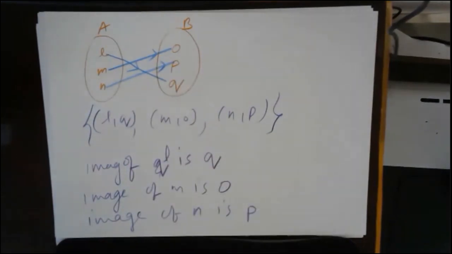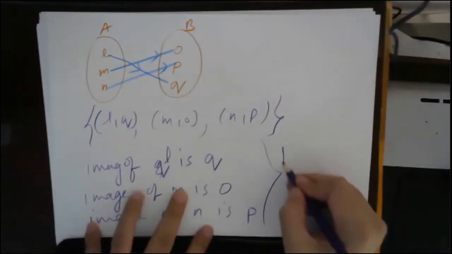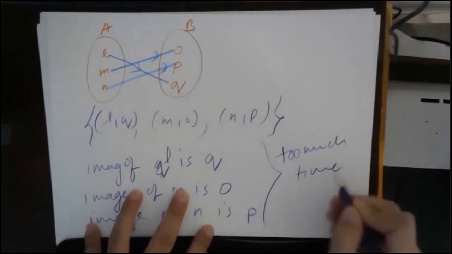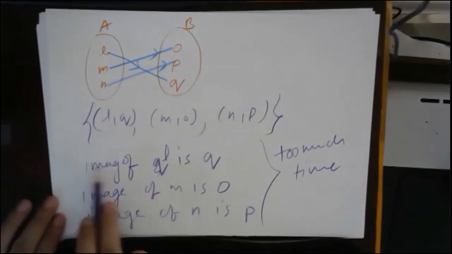I've written everything: image of L is Q, image of M is O, image of N is P. I have enough time. If I have too much time, I will write everything. Understood?